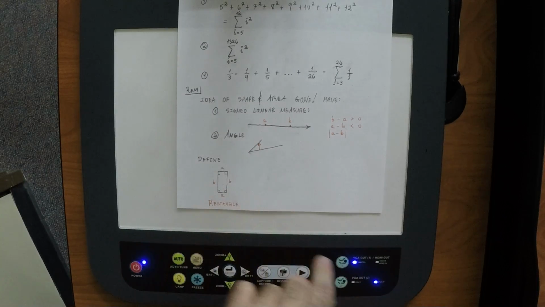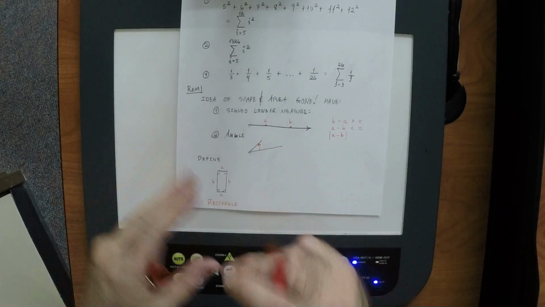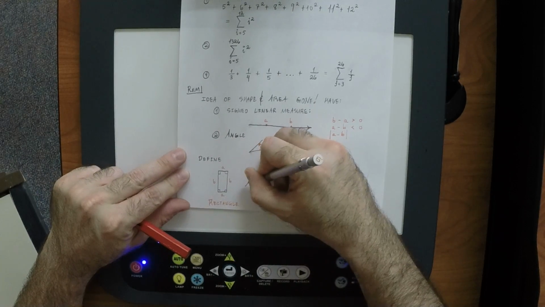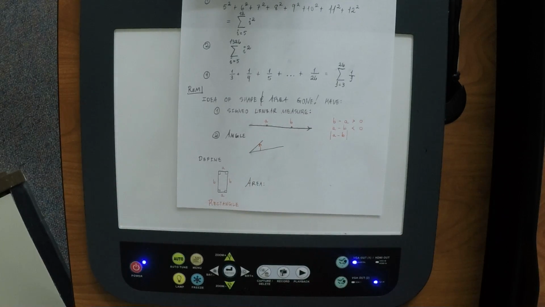Okay, we want some kind of measure that more or less describes how much paint it would take to paint the thing. What name do you want to give that measure? Area? That's a great idea. So, area. And again, we're just defining things now. We define the name of this shape to be rectangle. We define the name of this measure to be area.